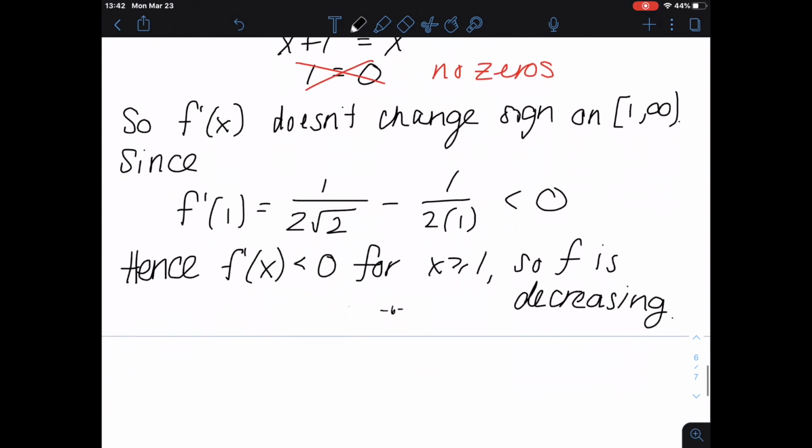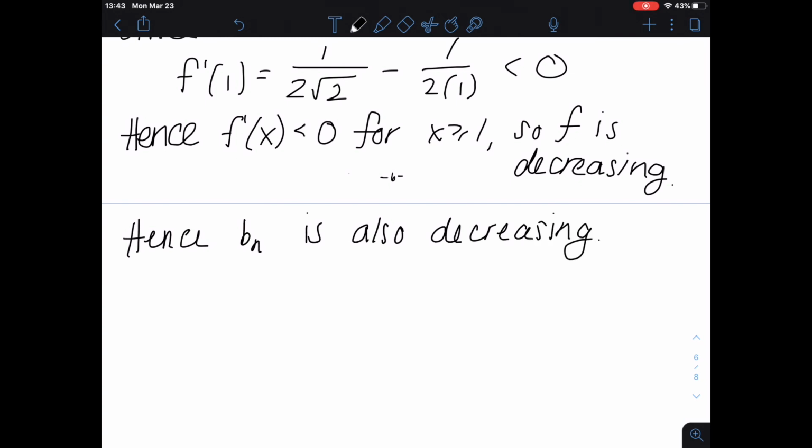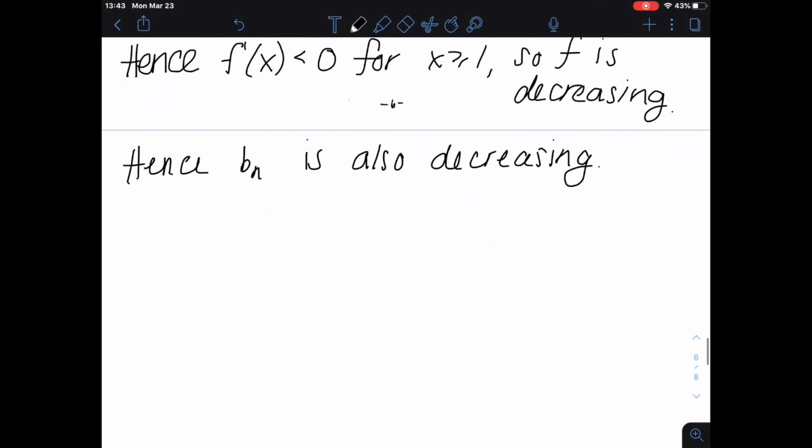And since f is decreasing, Bn is also decreasing. Okay. So our first hypothesis is satisfied. We've got one more hypothesis to show, and that one is the nice one.